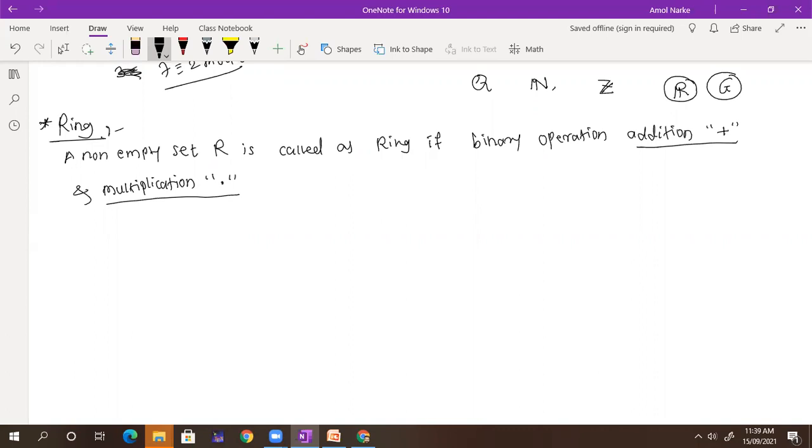And here we have two operations, addition and multiplication, defined in R. So two operations are defined in that set R. Number one, R is an abelian group under addition. Now I will tell you what is meant by abelian group.